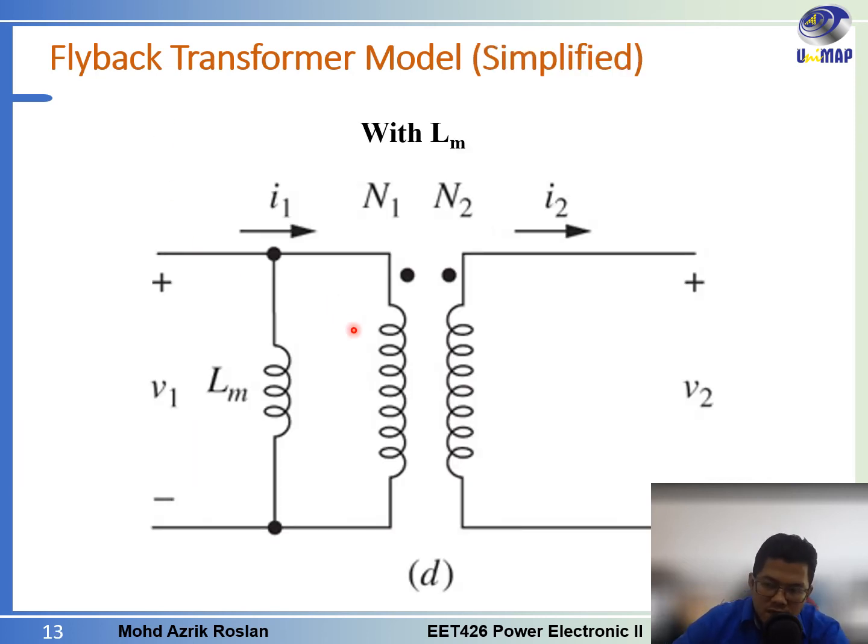For this chapter, for the flyback converter, we will only take into consideration the magnetizing inductance, and we will ignore all the other real transformer parameters such as R1, R2, the leakage inductance, and the core resistance. So for the operation, we will see the flow of the current, and we will take into consideration the impact of the magnetizing inductance of the transformer.